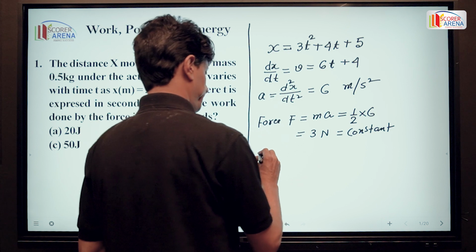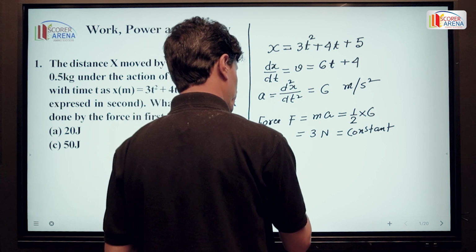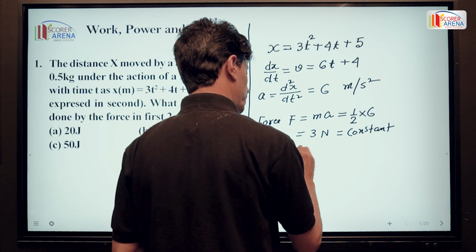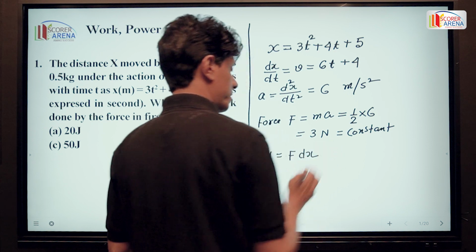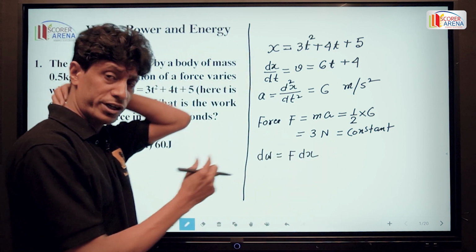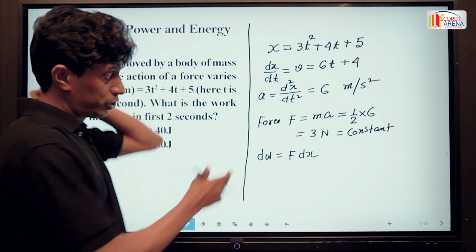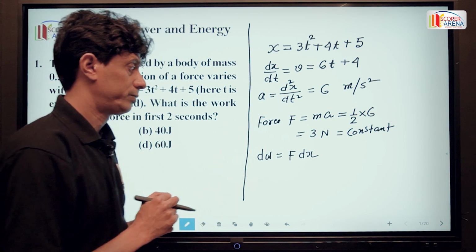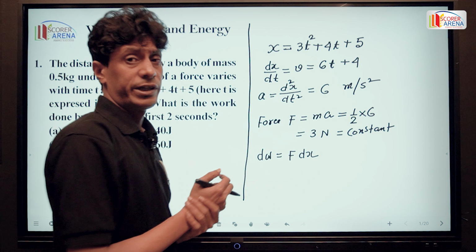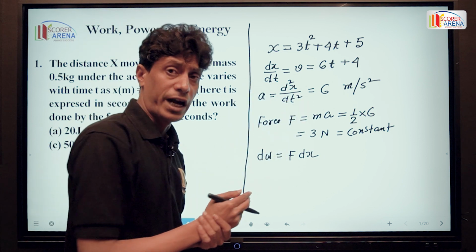Work done: dW is equal to F dx, force into small displacement. Though the force is constant here, the displacement is a variable quantity which depends on time.